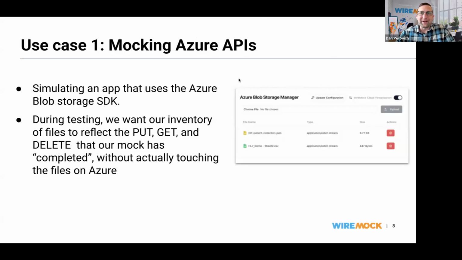But in a lot of these cases, we need to maintain state. It's important that any changes that we make in that upstream system via an API call are reflected in subsequent calls in the future, and that's important to our application's behavior. So we'll see an example here of how we can do something like that using Azure's blob storage.